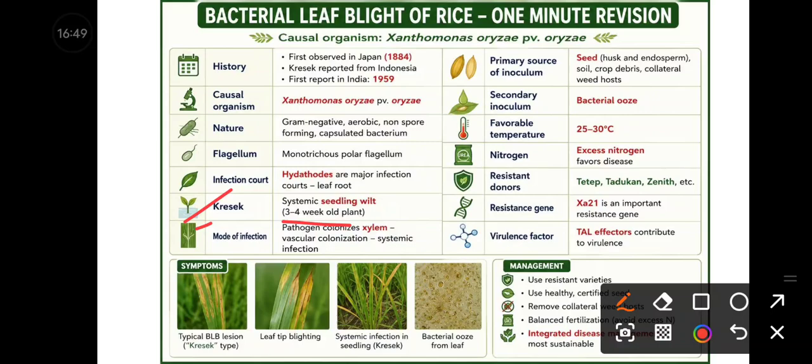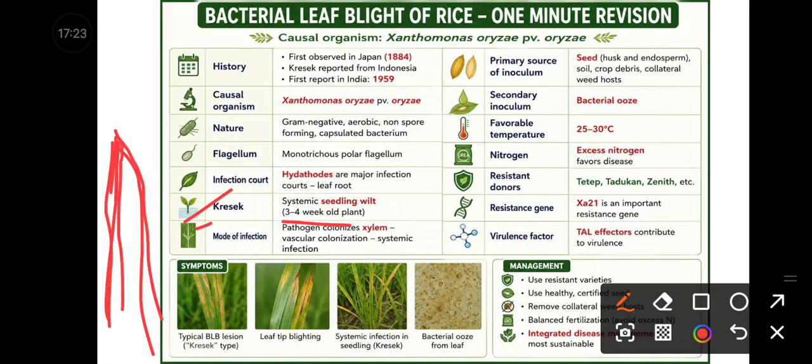And further, at the tillering phase, we will observe the characteristic symptom, leaf blighting. Initially, a water soaked lesion will form, because in every bacterial disease the water soaked lesion forms first. Then yellowing gradually starts from the tip downward.